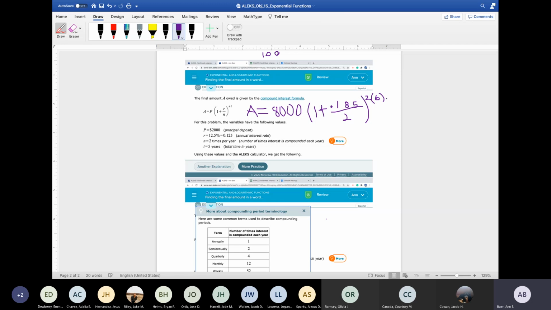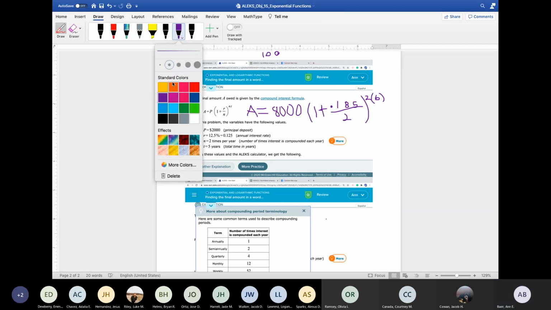That's how we're going to get these numbers in. That caret key in the rightmost column, it looks like a little tiny peak right above the division key. And then 2 times 6. Enter. I get the following.